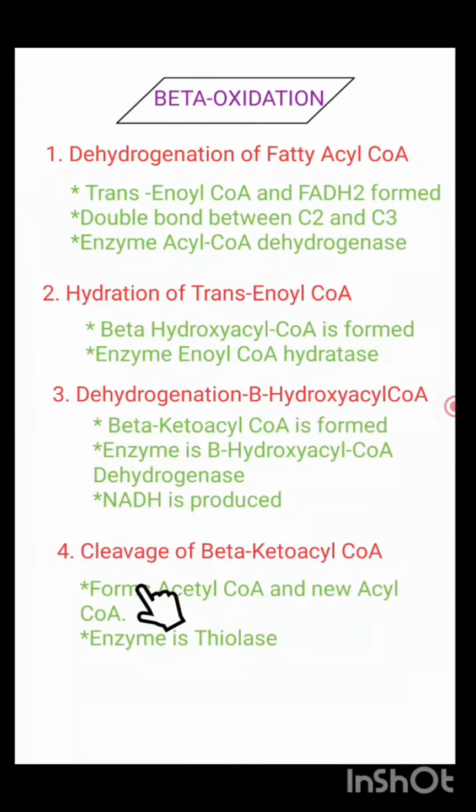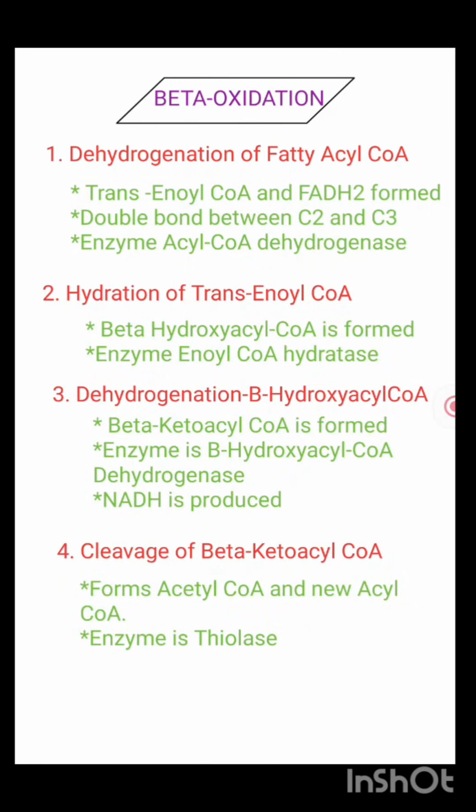So it means that after step 4, you are going to give out acetyl-CoA and remain with a 14-carbon fatty acyl-CoA, which will go back into this oxidative cycle until all the carbon atoms have been cleaved, 2 carbon atoms at a time. And the enzyme in step 4 is known as thiolase.